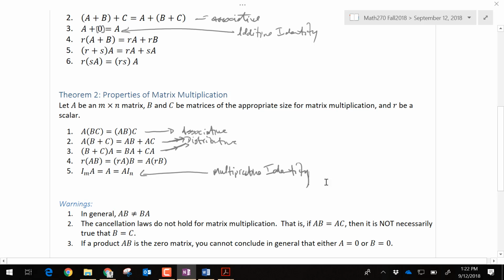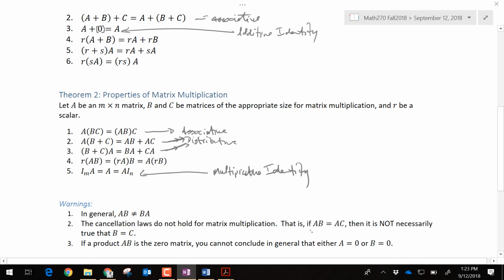Cancellation laws do not hold, so the whole idea about canceling out the A doesn't always hold. Sometimes it might, and A has to have a special property for this to be true.